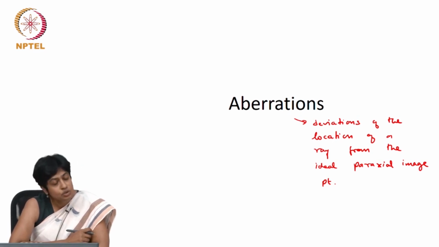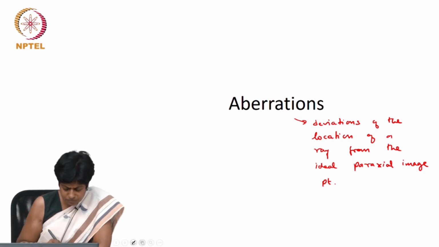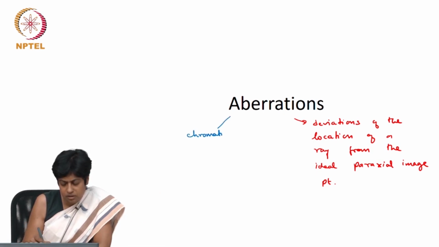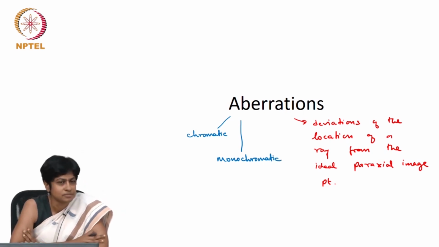So the two broad classifications of aberrations are chromatic aberrations and monochromatic aberrations. Why do these come about? Obviously, chromatic has to do with wavelength.